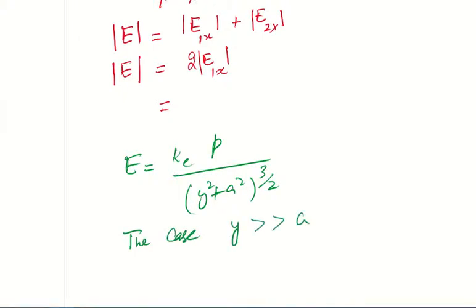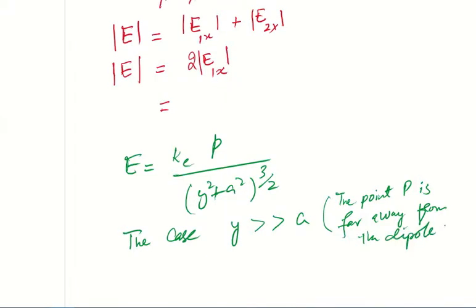So what this translates to is that the point P is far away from the dipole. So the point P in the graph, not this P, this is the dipole moment, the capital P point at which we are determining this electric field.